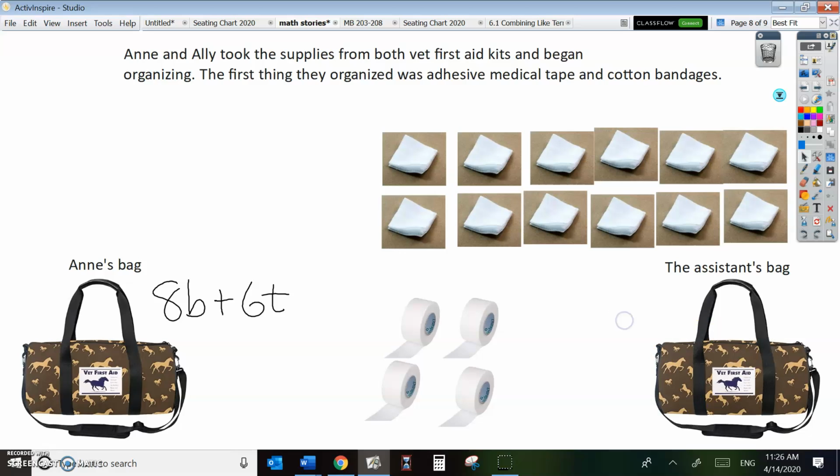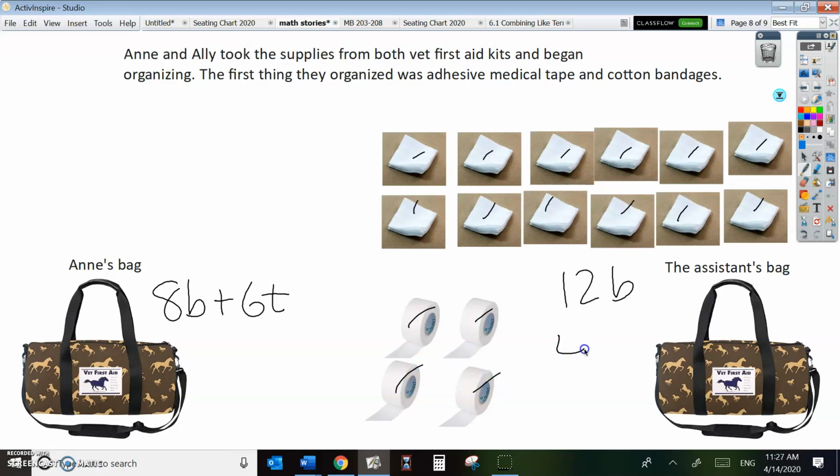Okay, I think that's all of it. Okay, so the assistant had 1, 2, 3, 4, 5, 6, 7, 8, 9, 10, 11, 12 bandages. And 1, 2, 3, 4 rolls of tape. So Anne was 8B plus 6T, and the assistant was 12B plus 4T.